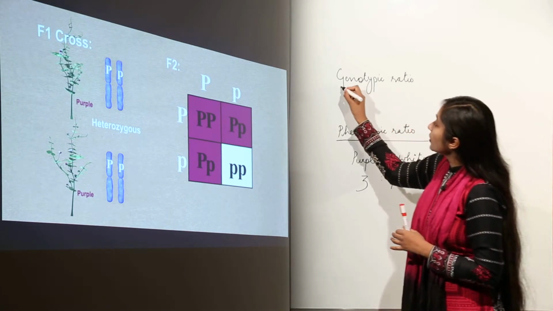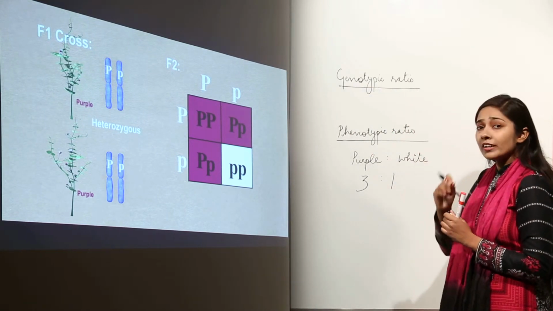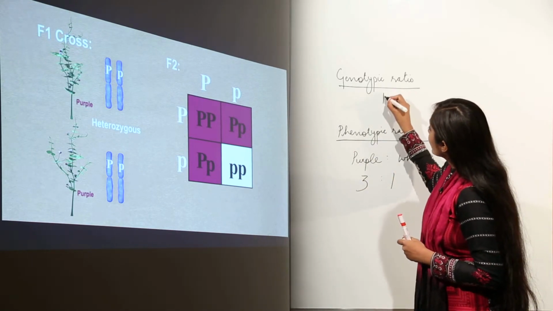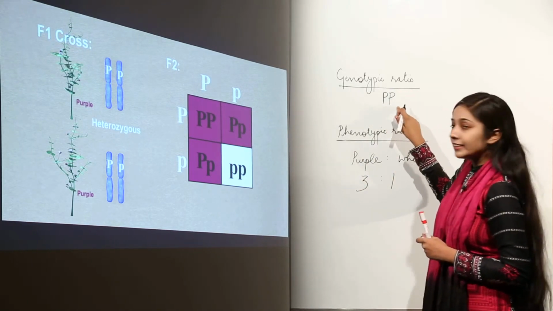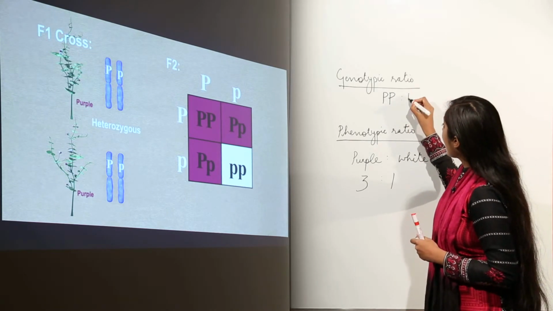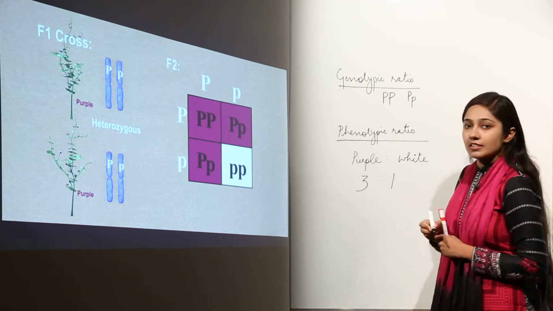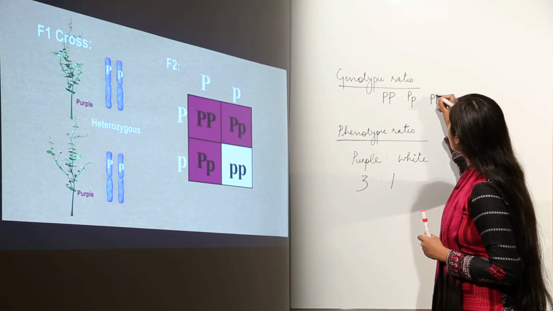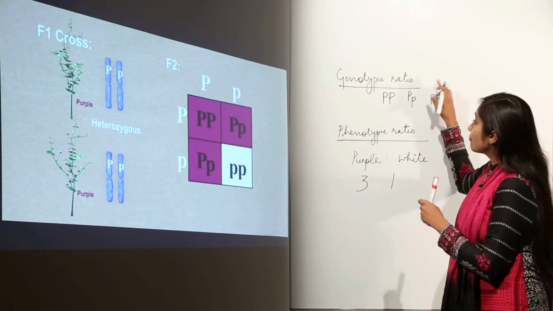But when we talk about the genotypic ratio, what different types of gene combinations do you see? You see, we have homozygous dominant, right? Then we have heterozygous plants with purple flowers, and then we have purely recessive homozygous plants which have white flowers.